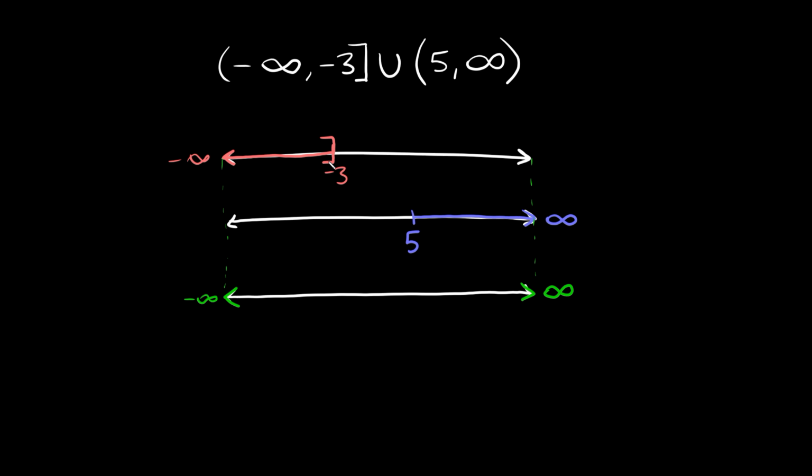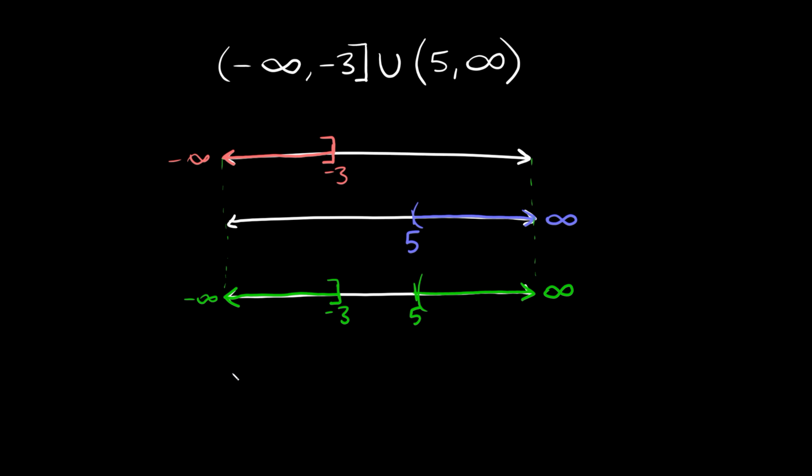The gap starts at -3, so we'll put a -3 right here, and there's a bracket right there. Then there's a gap right here, and then it starts again at +5. And +5, we almost forgot, there's a parenthesis right there. So let's bring that +5 right here, and again, there's a parenthesis. And let's not forget to shade in all those valid values right there.